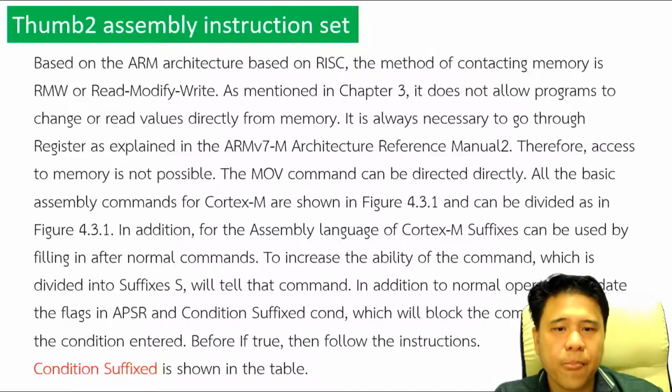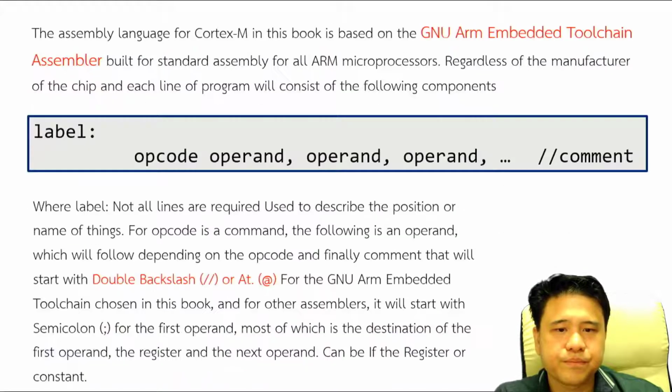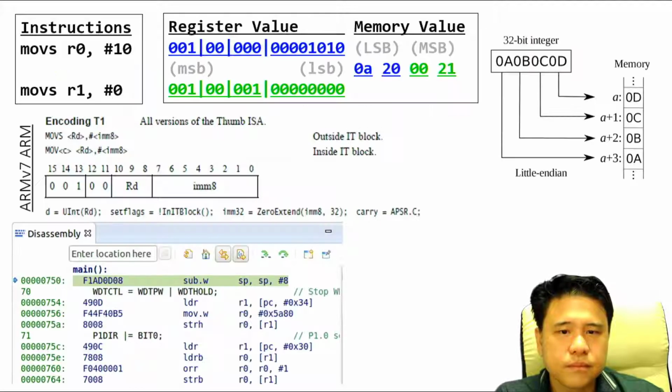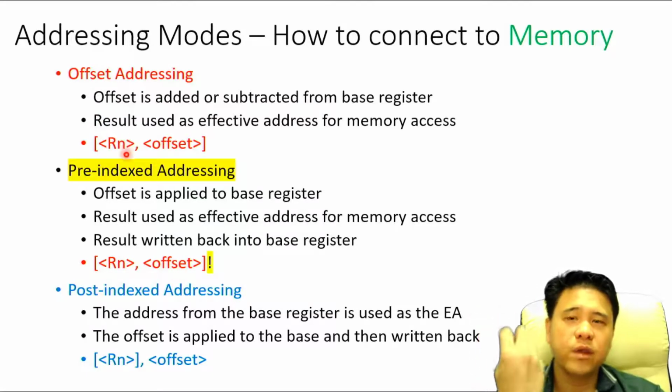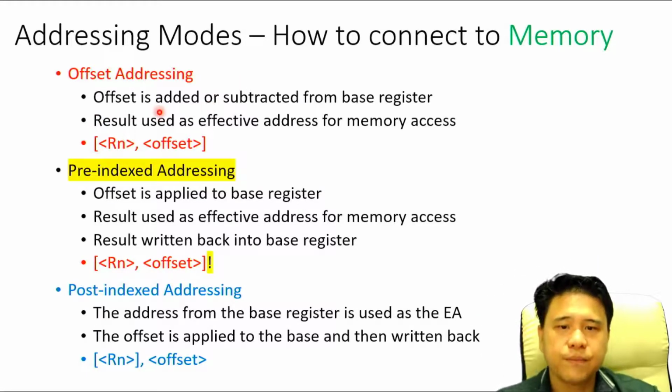Here we have 3 addressing modes. The first addressing mode is offset. You combine these and point to the location of the memory, copy it and store it, or save from your R into the memory.